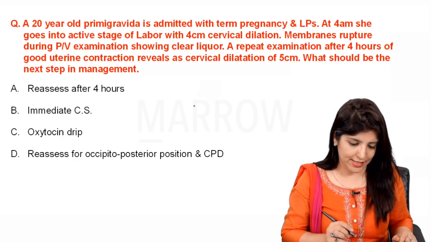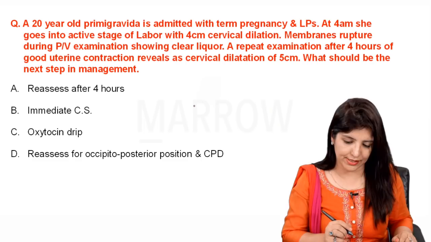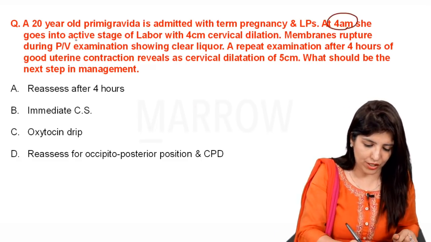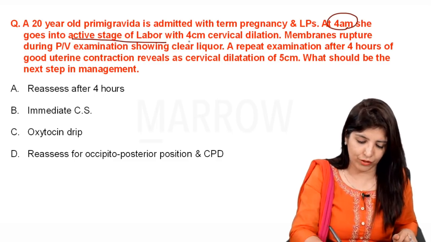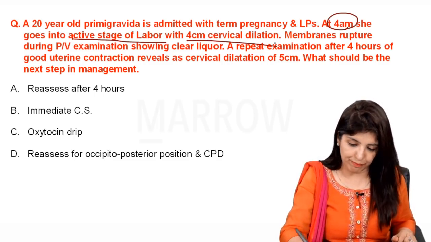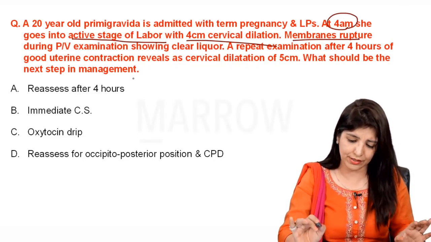The next question is saying, a 20-year-old primigravida is admitted with term pregnancy and labor pains. At 4 a.m., she goes into active stage of labor with 4 centimeters cervical dilatation. Membranes rupture during per-vaginal examination, showing that the liquor is clear.